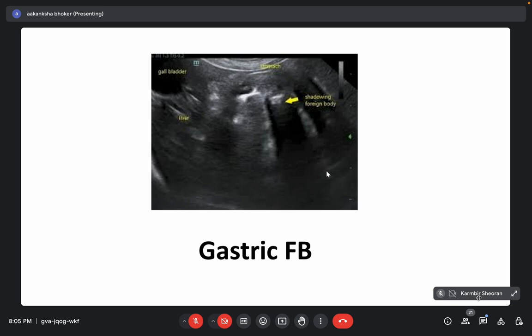Instead of seeing shadows, we can see an entire cystic type of lesion. So appreciating foreign bodies by ultrasound is very tricky because they do not have a fixed appearance. The appearance will vary, but taking one example, this is probably a foreign body which is casting shadow.